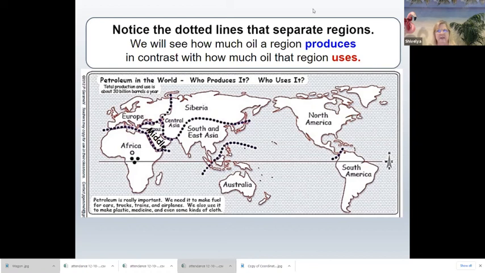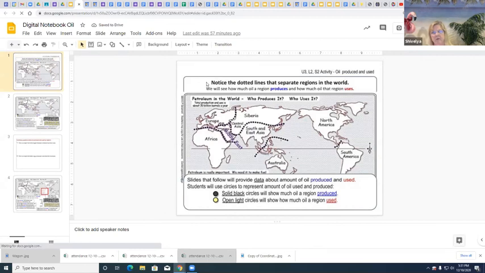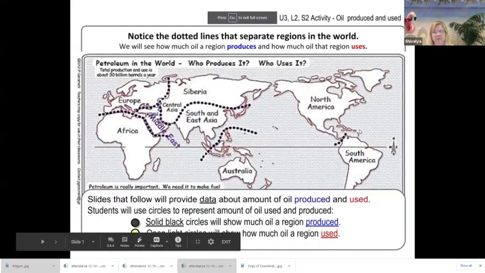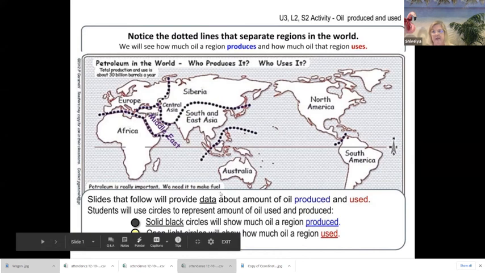I'm hoping the next slide will take you to the digital notebook. In the past, I've printed this off and handed it out to kids, and now I'm going to be pushing it out digitally. We have some things that they need to work on.